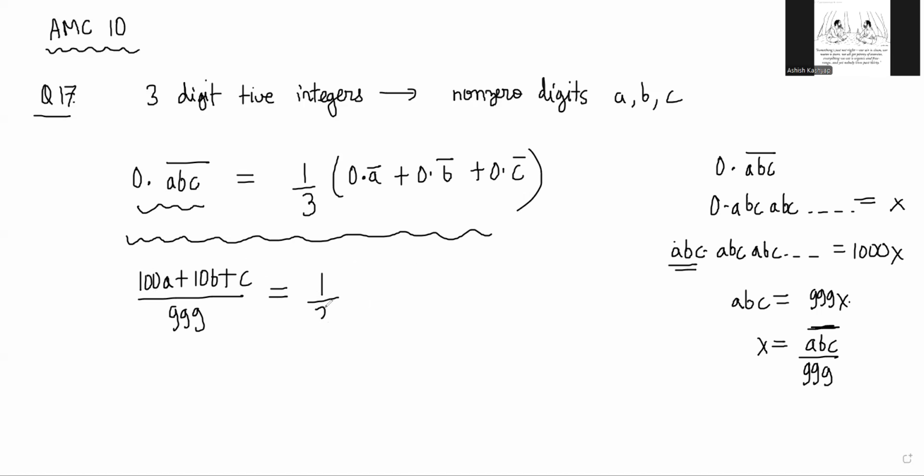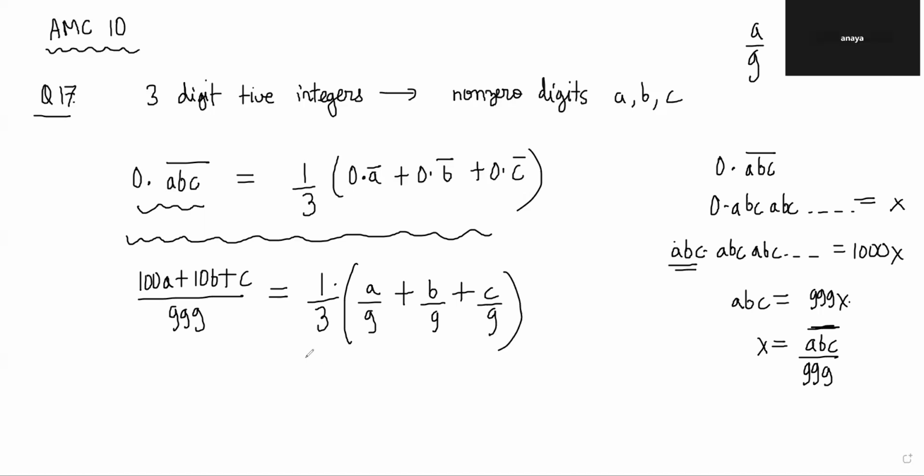And then 1 by 3, and this is A repeating. Obviously this will be just A by 9, because 10 times X will become A dot A repeating, so you will get 9X is equal to A. So this is A by 9, B by 9, C by 9, right?